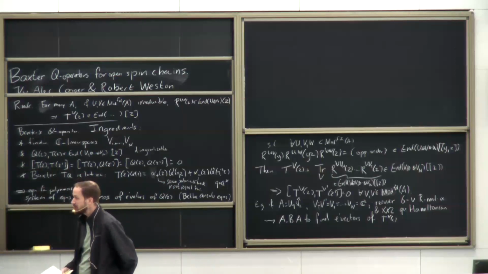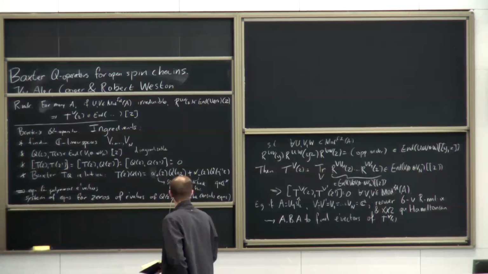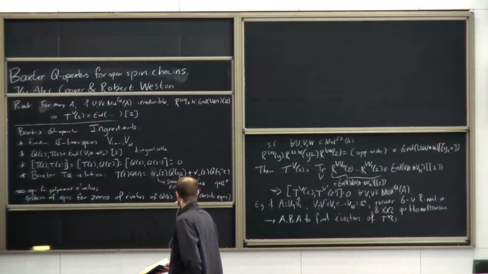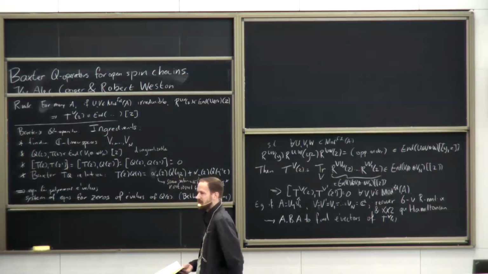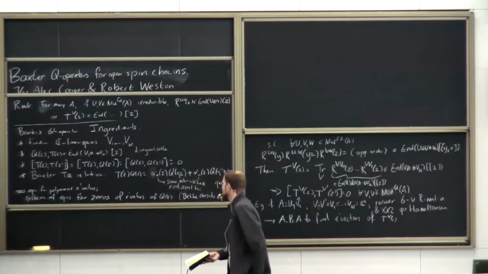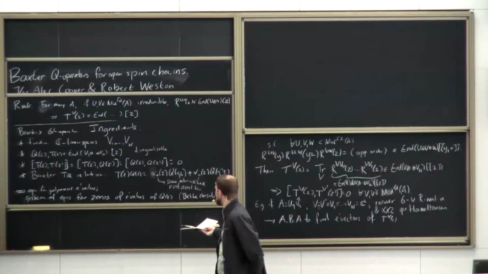I wrote the Yang-Baxter, just the usual cubic relation. This is special, but in the context of the representations of quantum affine algebras, it's a general feature.